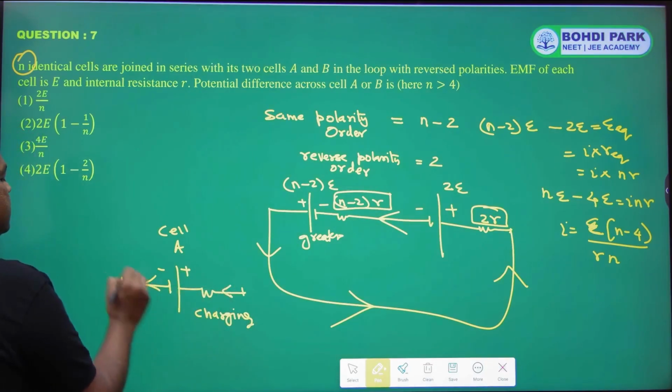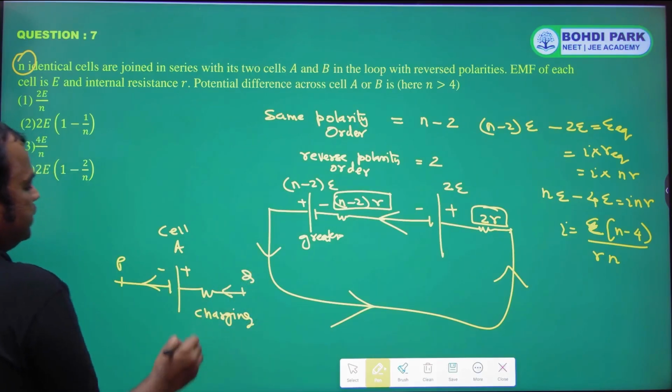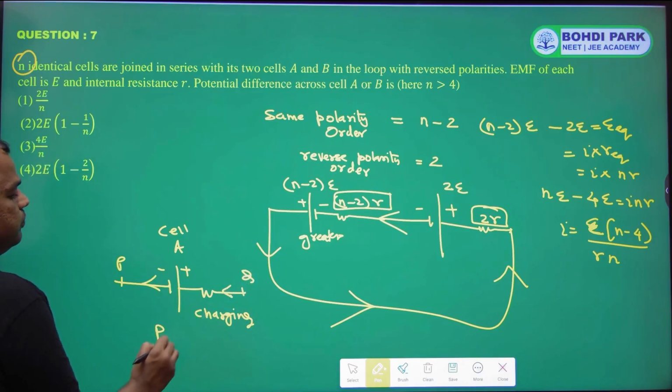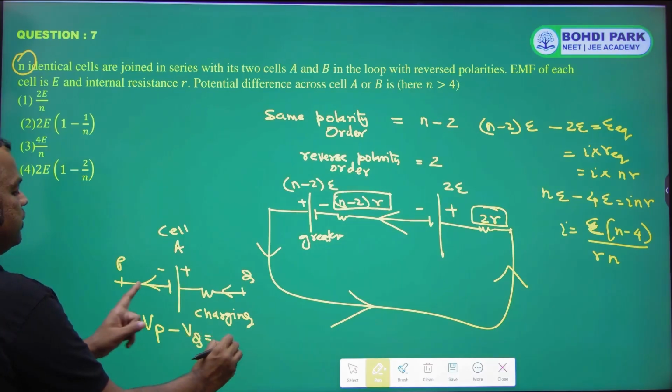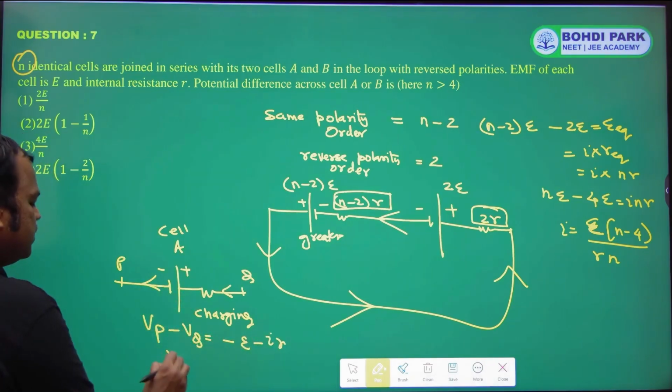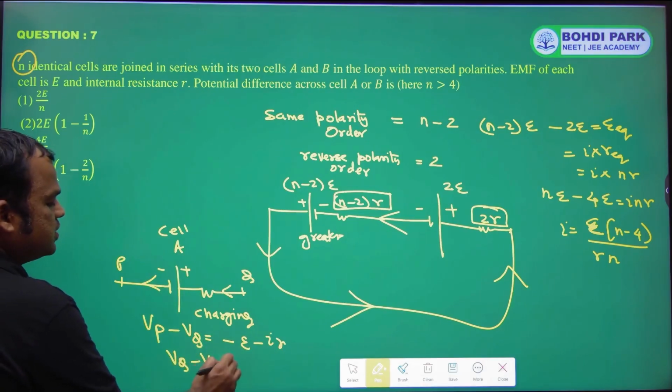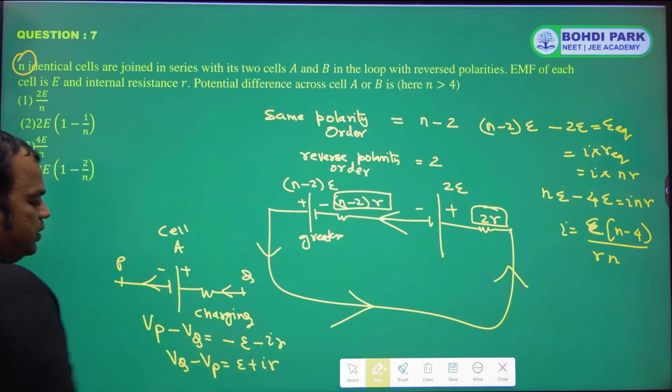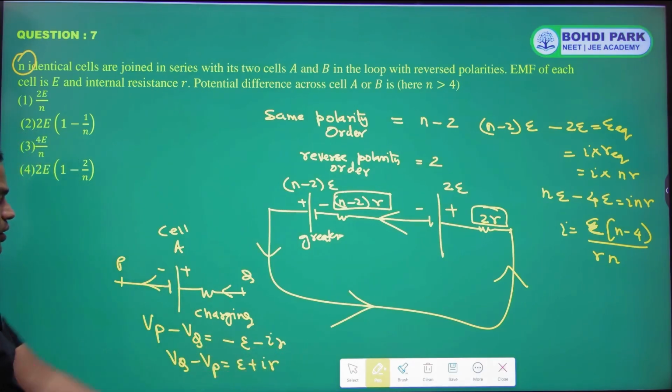So if we consider these points P and Q, we have Vp minus Vq is equal to minus E minus I into R, or we can also say Vq minus Vp is equal to E plus IR. So we'll get a positive number.